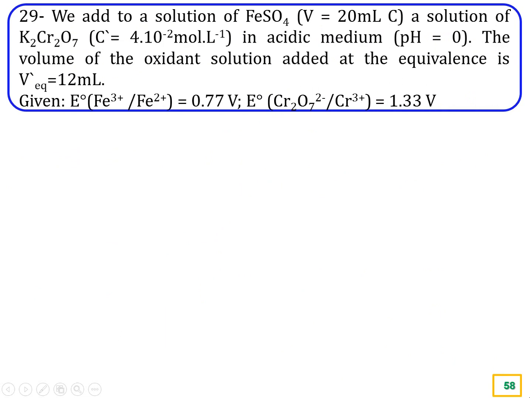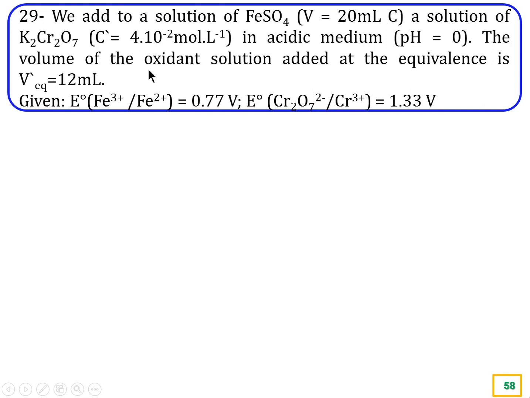We pass to exercise 29. We add a solution of FeSO4. The initial volume is V equal to 20 ml of concentration C. A solution of K2Cr2O7 of concentration C' equal to 4 times 10 to the power minus 2 mole per liter in acidic medium.